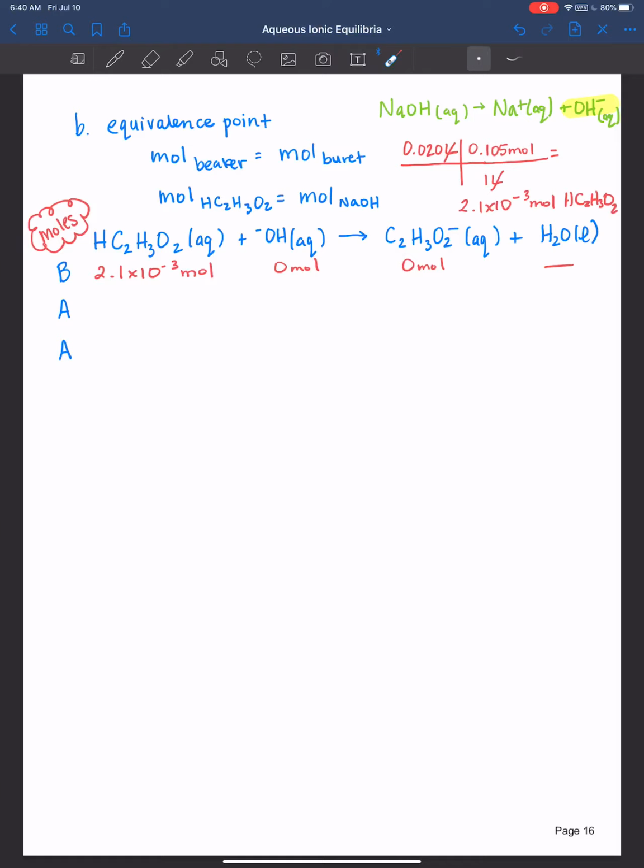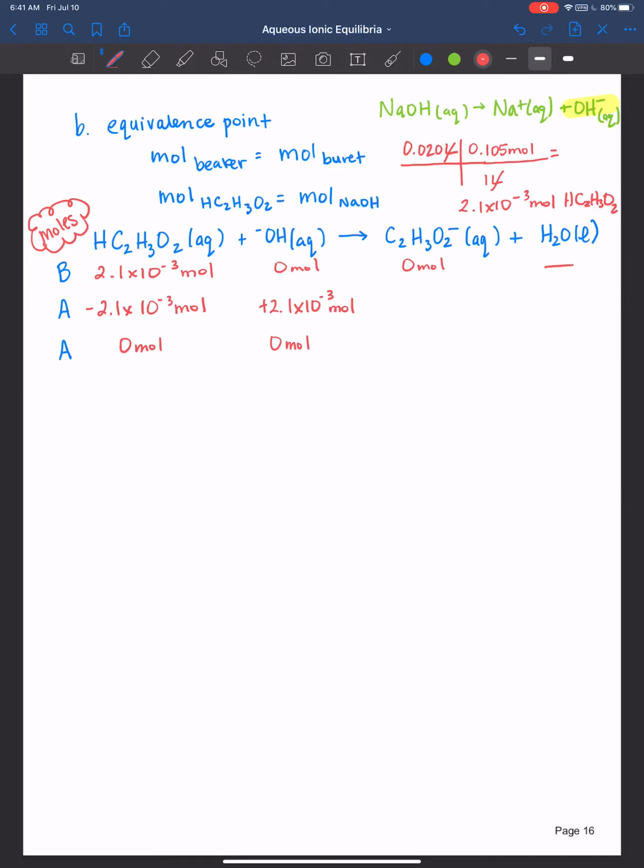So I need to add this number of moles so they completely neutralize one another here. So I'm adding 2.1 times 10 to the negative third moles of base, which reacts, and so I'm going to subtract that out because it's reacting with my acetic acid. And so after the addition, I have a 0 amount of moles of acetic acid left over. I have 0 amount of moles of the base left over.